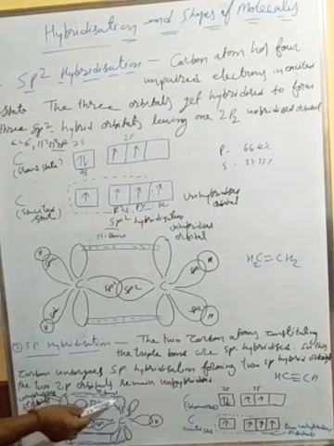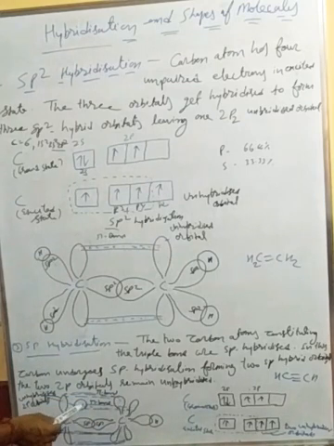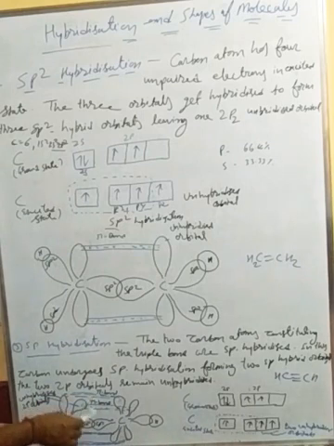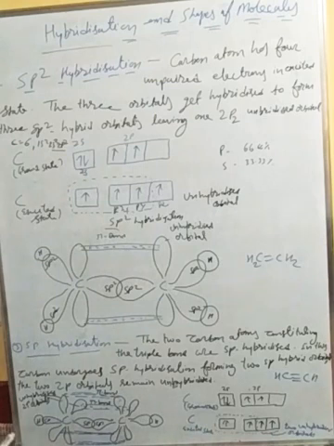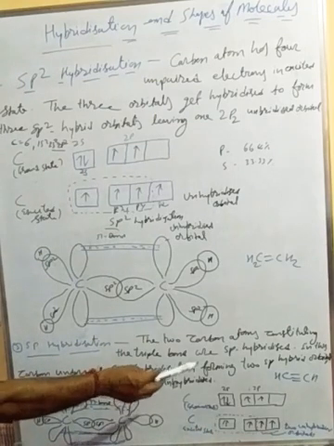So they form two pi bonds, and the others are sigma bonds. An example is CH3 triple bond CH3.